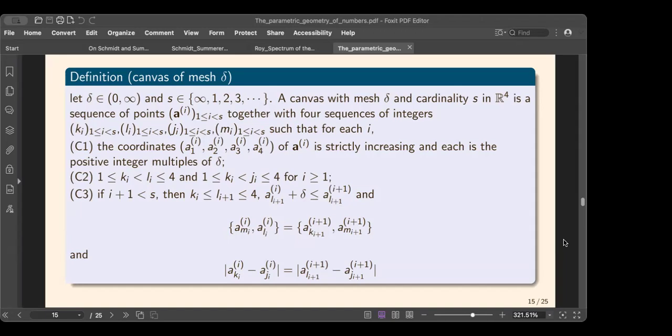I understand. From M and L, we have horizontal lines, and from K and J, we have lines with slope 1. Yes, and this notation is just to explain what is continued by horizontal line and what is continued by a line with slope 1, and nothing else.